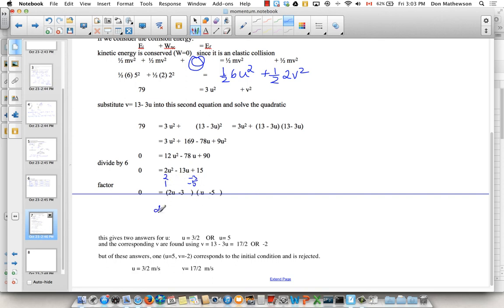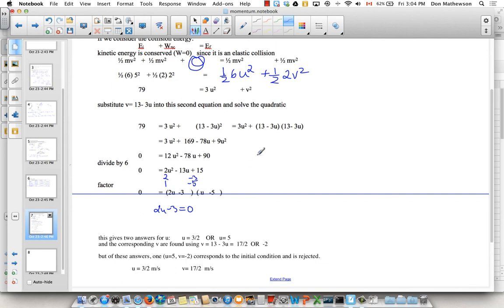This first term, if we apply the zero principle, 2u minus 3 is 0, so u is 3 over 2, and the second bracket gives 5. The corresponding v values we get by substituting into the expression from the momentum law. We get 17 over 2, and negative 2. One of those answers, though, the second one, is to be rejected. Why? Because that's just the initial condition.